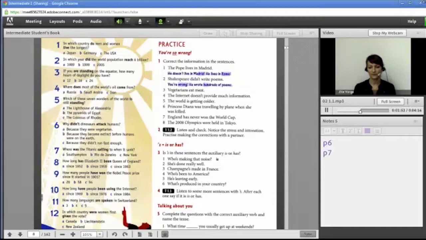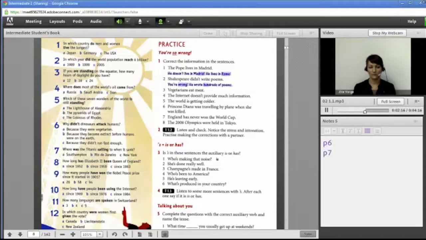6. Why didn't dinosaurs attack humans? Dinosaurs didn't attack humans because they became extinct 65 million years ago. Human beings didn't appear on Earth until 130,000 years ago. 7. Where was the Titanic sailing to when it sank?